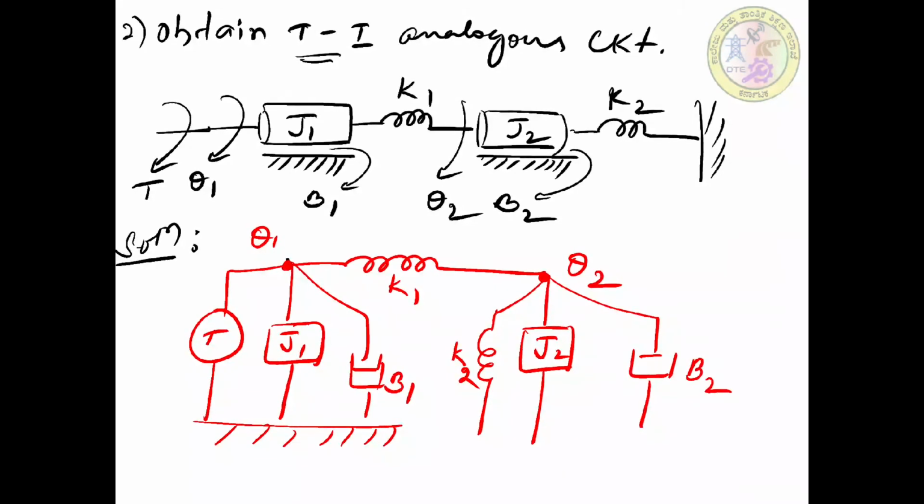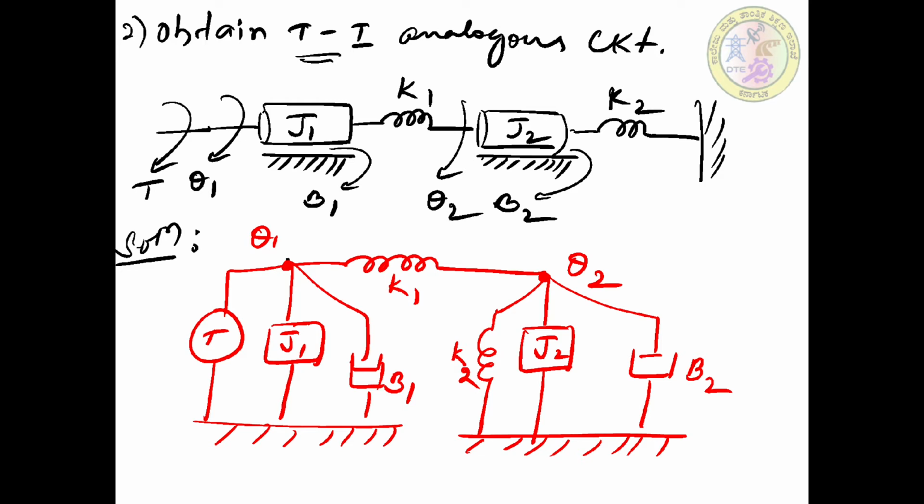So this is the equivalent mechanical system. We have grouped the elements which come under the displacements theta 1, theta 2. So at theta 1 T, J1, B1. At theta 2 we have the K2, J2 and B2. So the K1 is in between theta 1, theta 2 because it is displaced at both the ends.